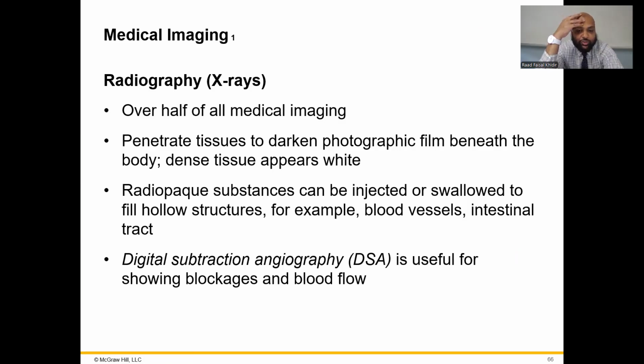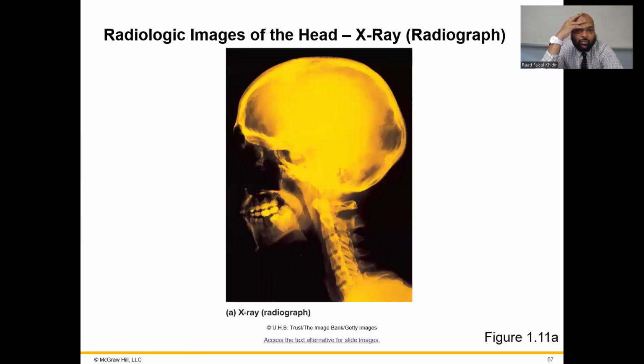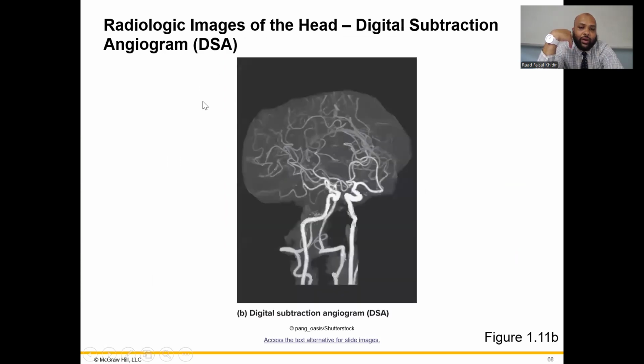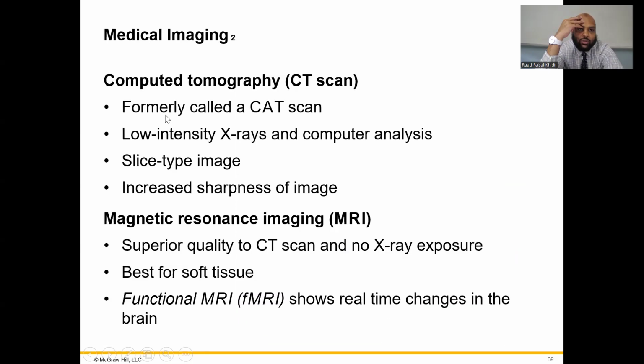There's digital subtraction angiography, DSA. It is useful for showing blockages and blood flow. This is a radiologic image of the head, X-ray, the radiograph, and this is a radiologic image of the head, the digital subtraction angiogram.